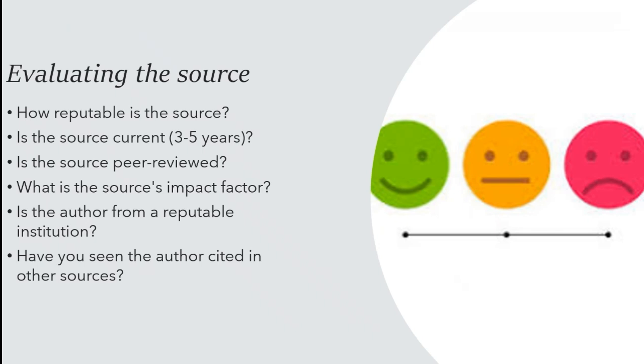Is the source current? Now, this shouldn't actually be a debate, but you will often find that if you just Google sources, it gives you sources from 2007 or 2011, and it gives the impression that nothing has been done on your topic for the past 10 or 11 or 20 years.